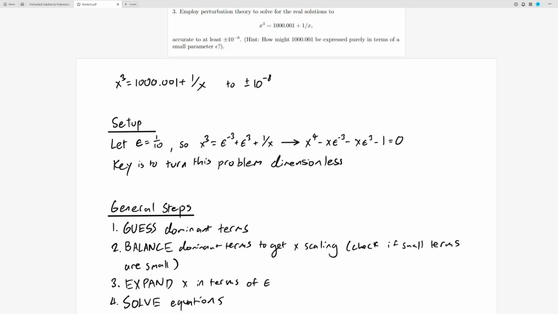The reason it's set to 1 over 10, the quote-unquote cosmetic reasons, is because 1000.001 is very symmetrically broken up into a 1000, which is 10 to the third, and 001, which is 10 to the negative third.